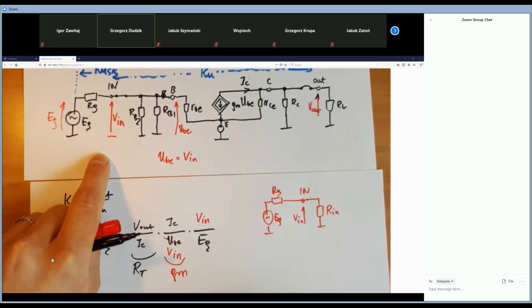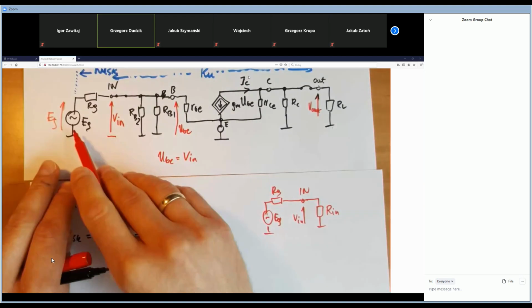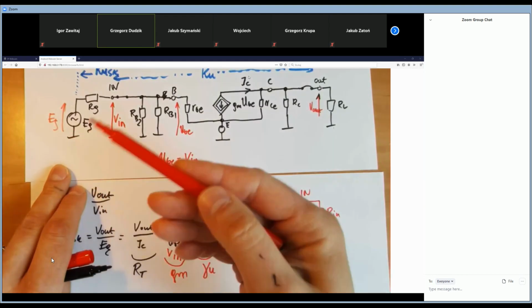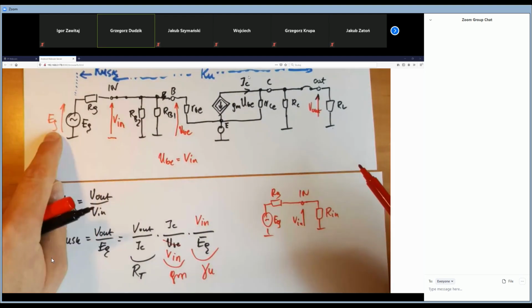I think yes. So the V in over EG, the V in is the voltage on the input resistance. This is the parameter which is called gamma U. This coefficient tells us how much of the input signal is used, according to the EG value. It means, in other words, the coupling between the EG and V in.